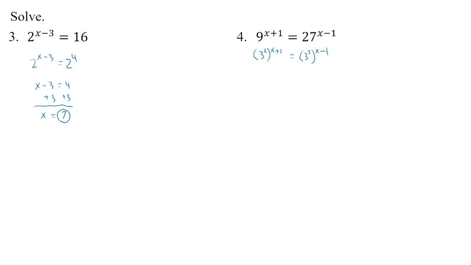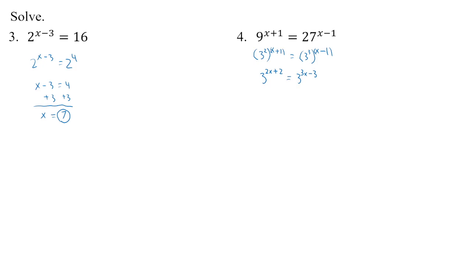So now in both cases, we are raising powers to a power, that means we multiply the exponents. Therefore, this is 3 to the 2x plus 2. As we can see, the distributive property was applied. And then the same here. This is 3 to the 3x minus 3.